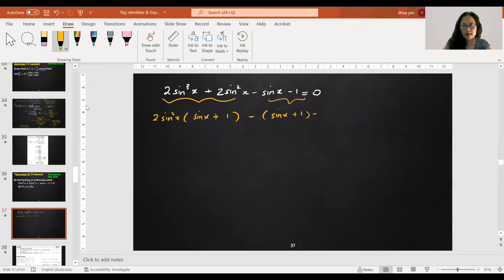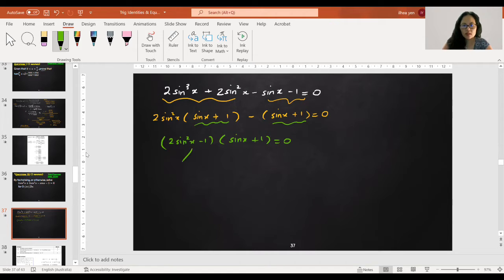Now I can see another common factor there, which is sine x plus 1. So what I'm going to do is put 2 sine square x minus 1, and then that common factor here, equals 0. So one of them has to be 0, or both.